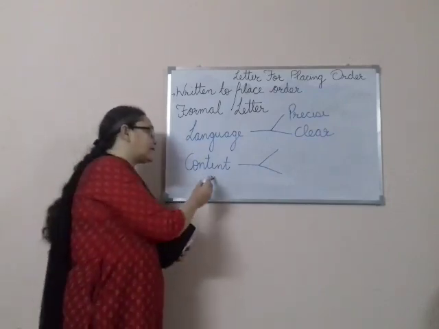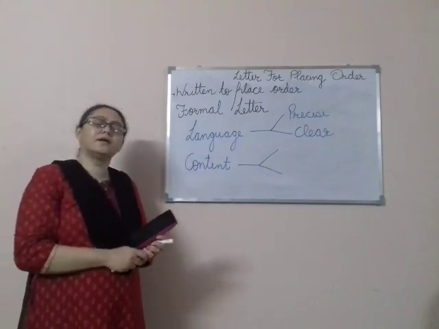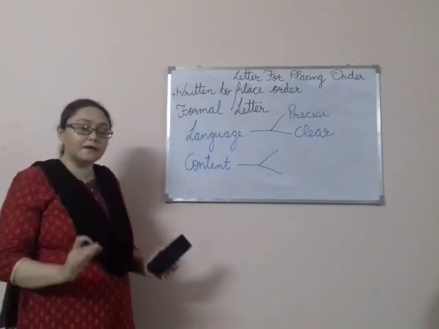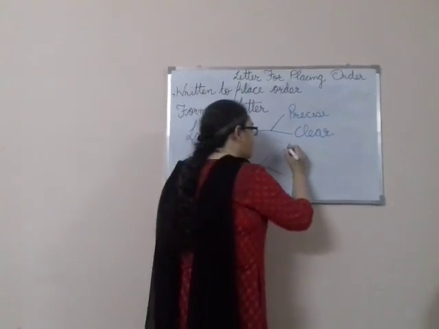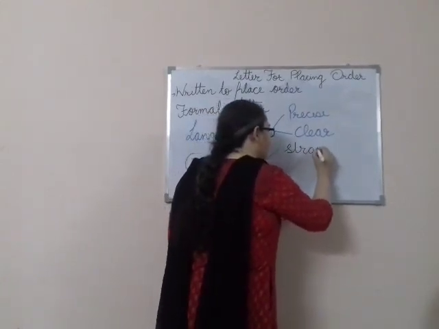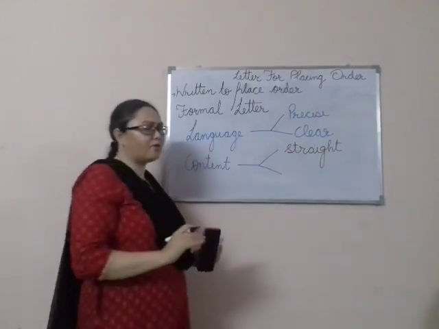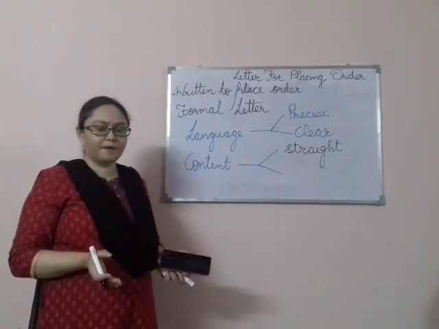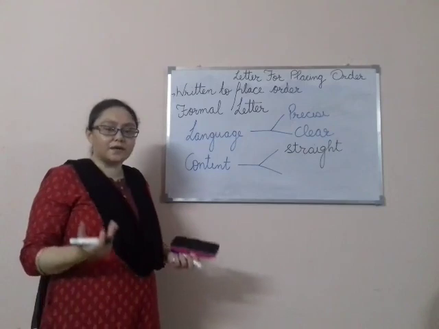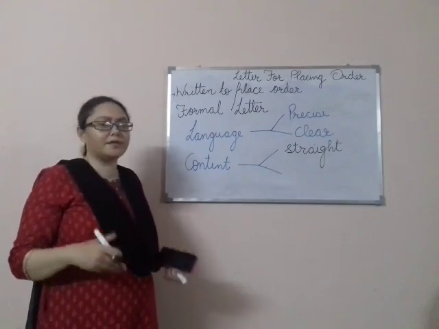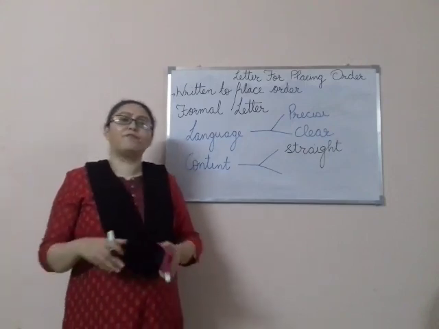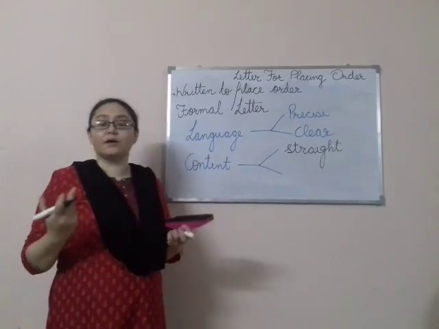The next thing that we should see is the content of the letter. Here, the content should also be straight. Now what do we mean by straight? We are not going to beat around the bush. We are not going to write something extra. For example, there is no need to write that we found the products very affordable.